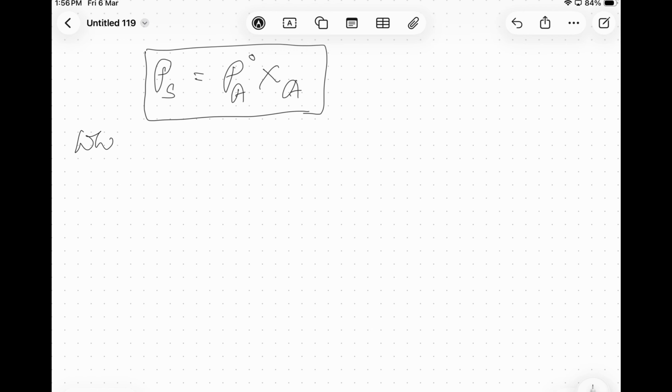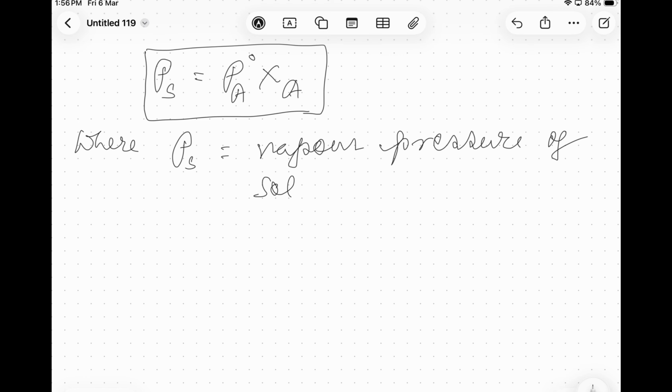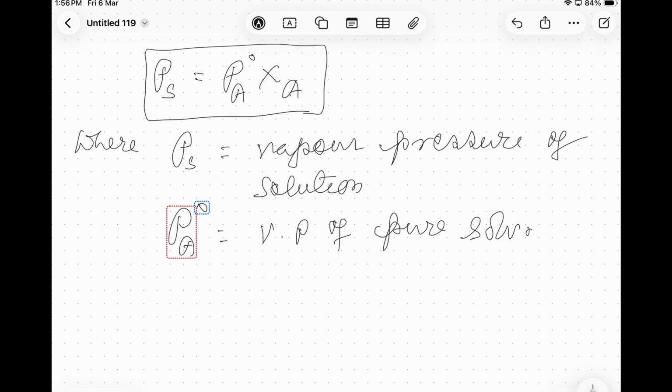where PS is vapor pressure of solution, PA naught is vapor pressure of pure solvent A at same temperature.